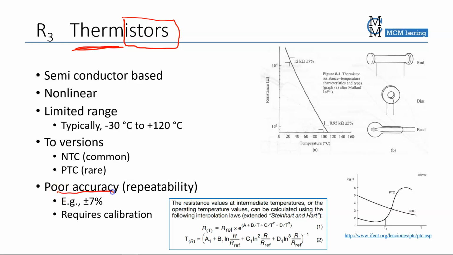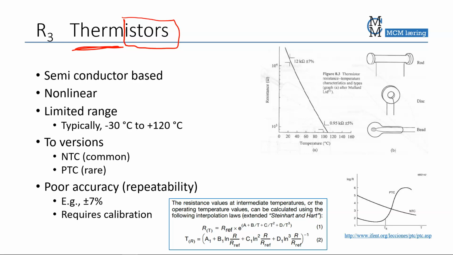Poor accuracy, well, that used to be true, up to 7% accuracy, but that is for older NTCs. The accuracy has increased very, very much, so they are now close to as accurate as the PT100s. So, on the good side, they are mass-produced.